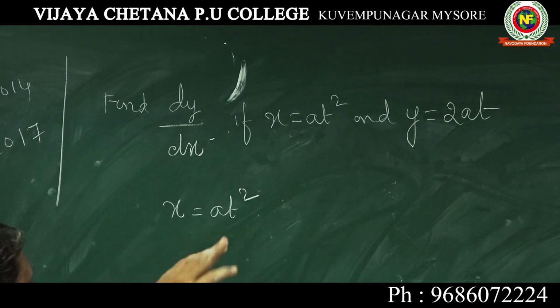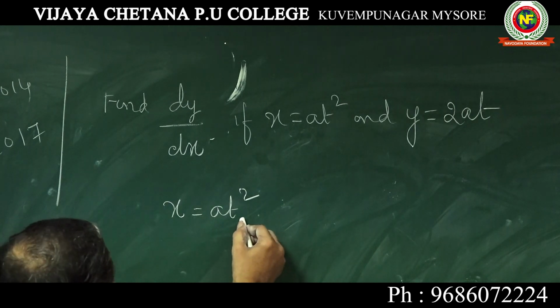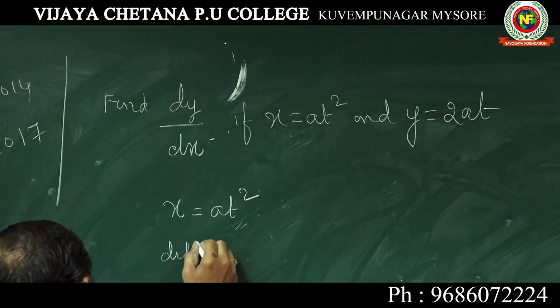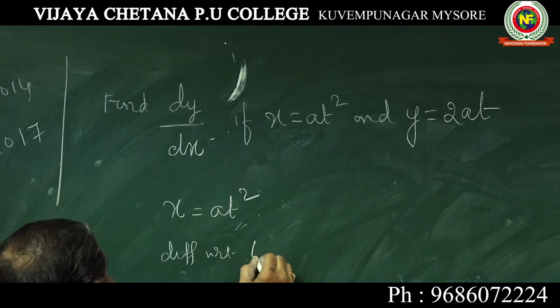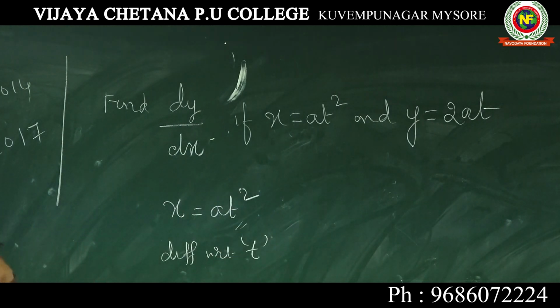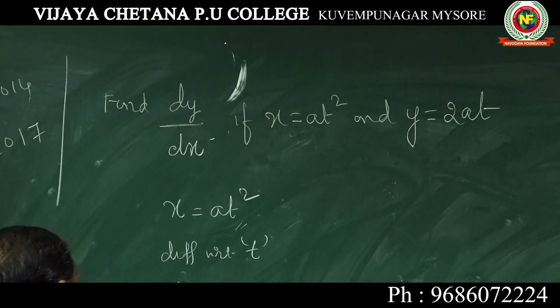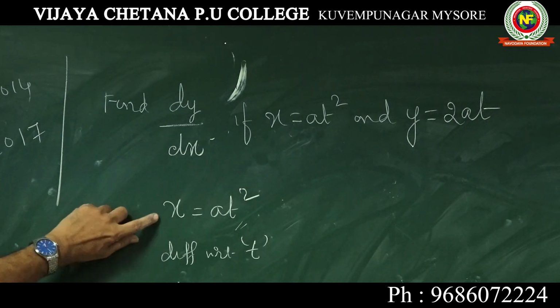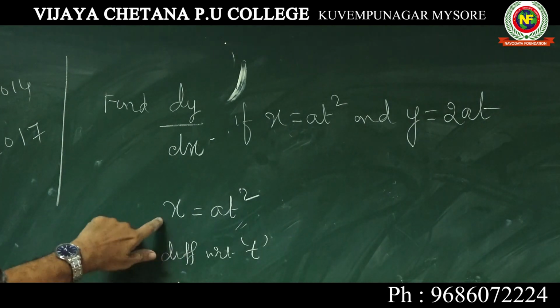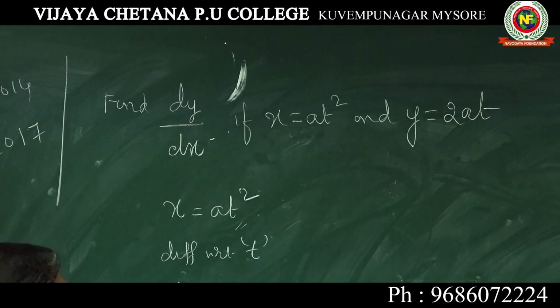Now x equals at square. Now t is the variable, so you should write differentiate with respect to t, not x. Now dx by dt is equal to, a is a constant, keep it as it is, t square is 2t.